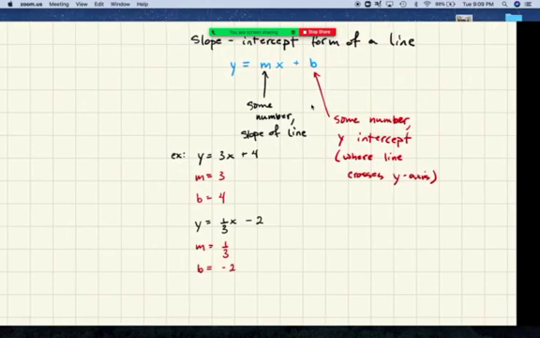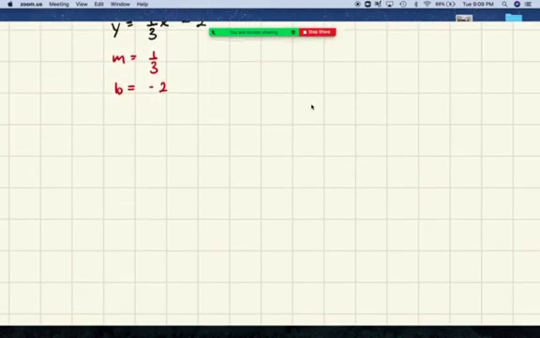Okay. The slope, again, we talked about it a while ago, but the slope is the rise over the run. So this is like up and down, and this is like left and right.